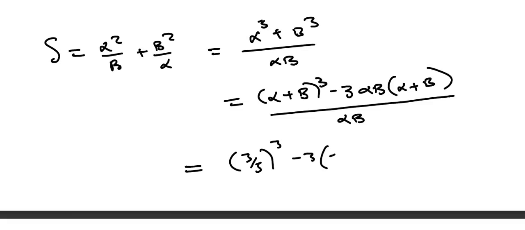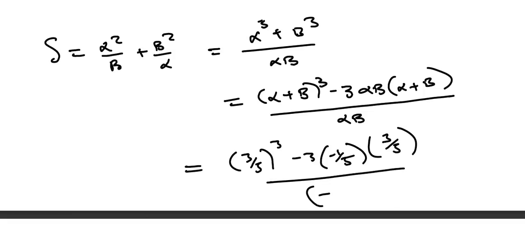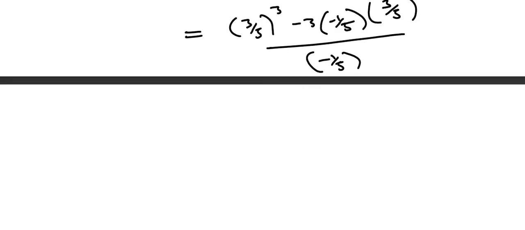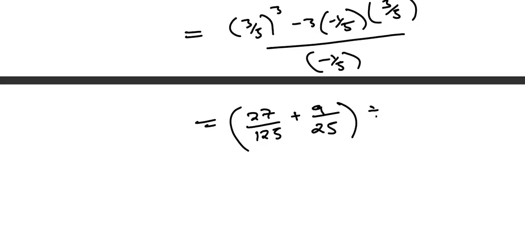So it's 3 over 5 to the power 3 minus 3, then here we're getting negative 1 over 5. The sum is 3 over 5, the product is negative 1 over 5. So this is just going to be 27 over 125 plus 9 over 25. Then this whole thing is being divided by negative 1 over 5.